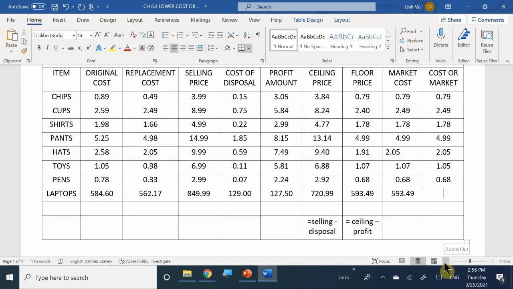So my original cost is $584.60, and my market is $593.49. In this case, the original cost is lower. So that means no adjustments are necessary for my inventory.